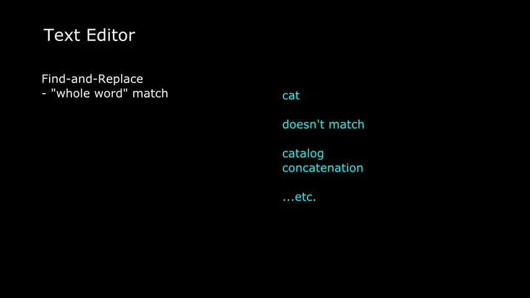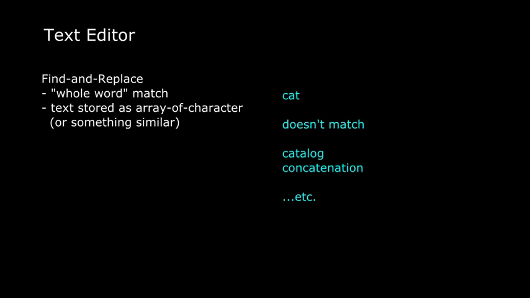Let's pick a sample problem to discuss. Suppose you're working on some kind of text editor, a word processor, something like that. What you need to program at this point is a find and replace operation. Specifically, it's going to be a whole word match. So if the word to be found is cat, it's not going to match with catalog or concatenation.